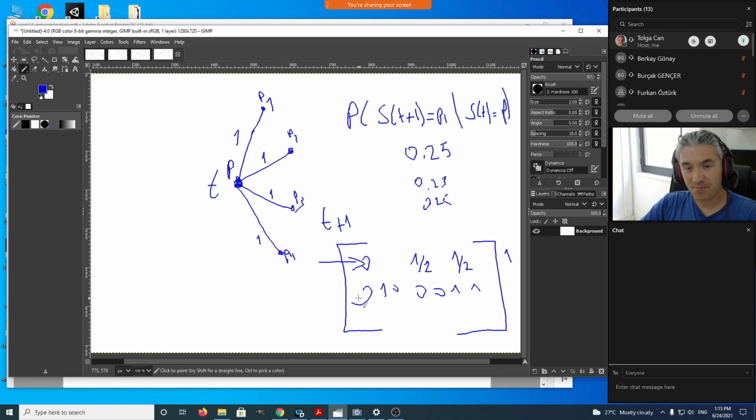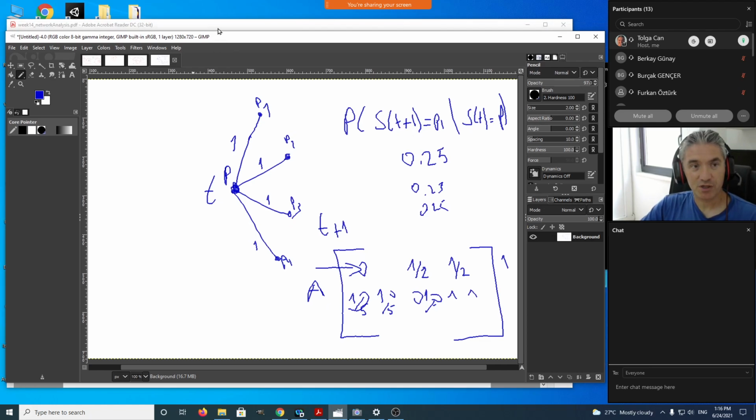If it has, for example, 5 neighbors, all of them will be 1 over 5 with equal probability. So we first row normalize the adjacency matrix. The adjacency matrix then becomes the one-step transition probability matrix. And we will be using that one-step transition probability matrix in this equation.